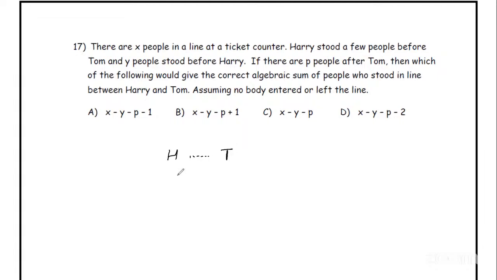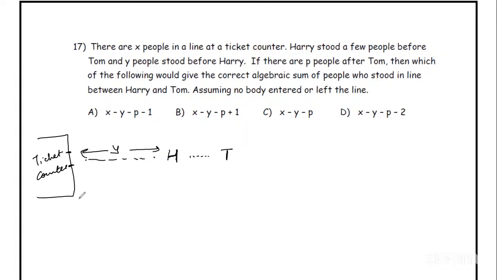Remember, imagine this is a ticket counter, and the line begins from here. So Harry is in the line and Harry stood a few people before Tom. And Y people stood before Harry.